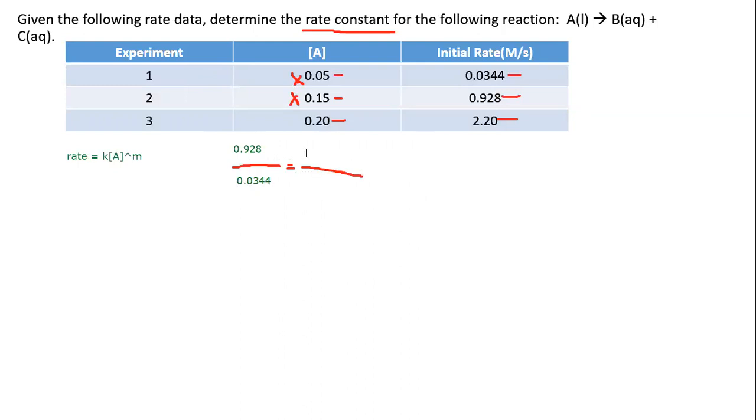And then for the concentrations, again, since it's one reactant, it's going to be raised to the m. 0.15, 0.05. So now we simplify this.